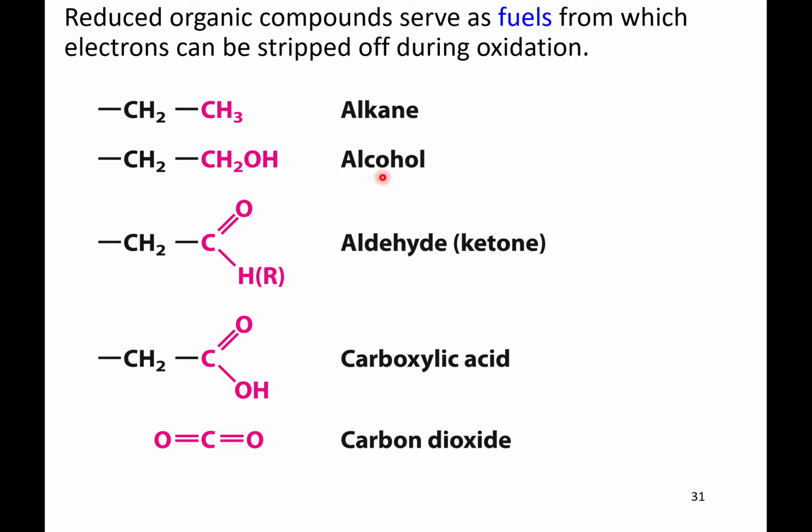Things like alkanes would be the most reduced, with the most potential energy in them. Then in subsequent oxidation states, we see these steps, ultimately leading to carbon dioxide, which would be the most oxidized form of carbon.